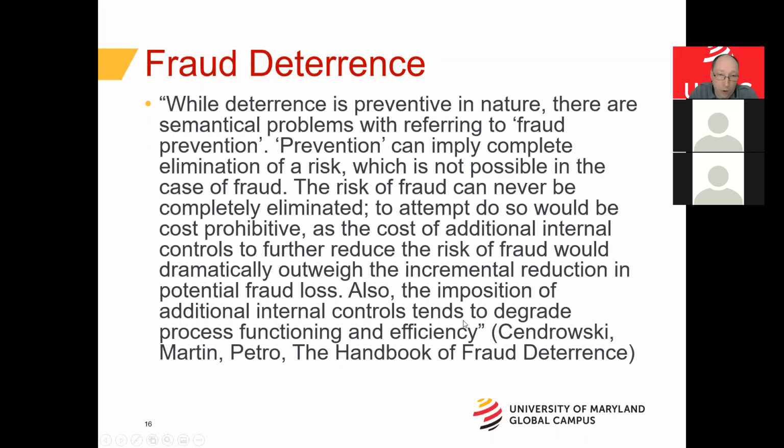How do we deter fraud? We identify what has happened. We attempt to take an approach to prohibit it from happening again. And we implement internal controls to reduce that risk of it happening again. This is a concept of COSO, and this is in the Handbook of Fraud Deterrence.